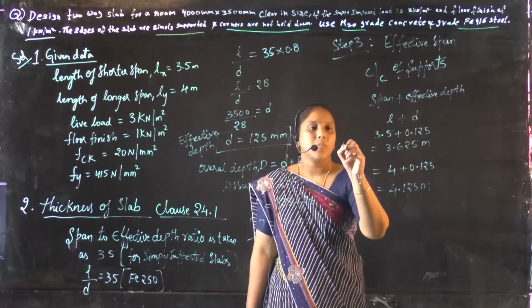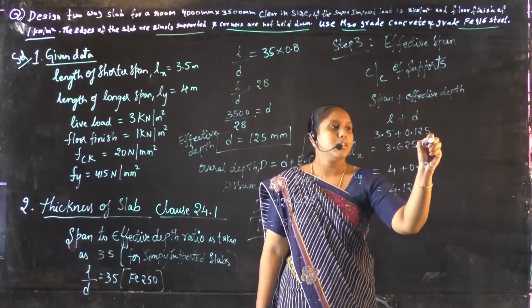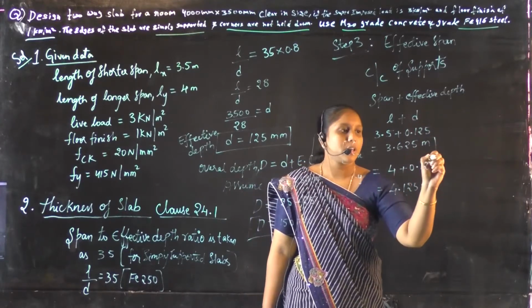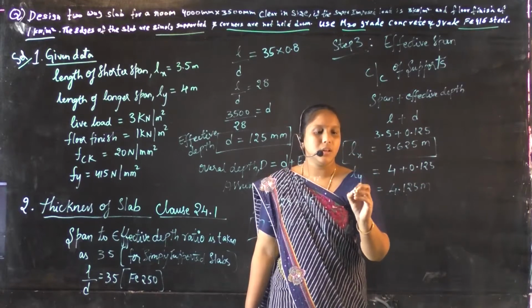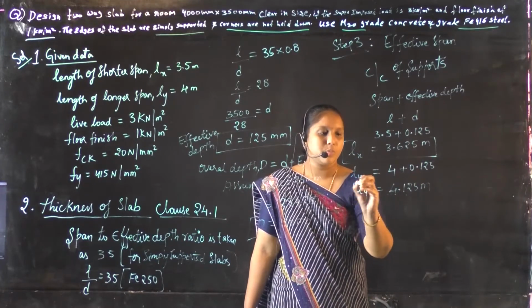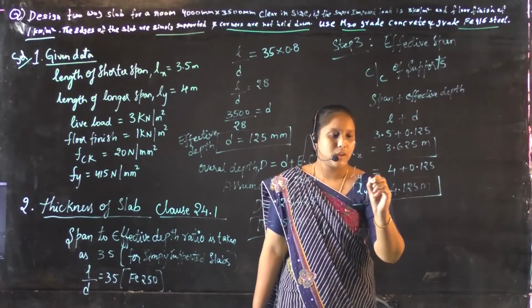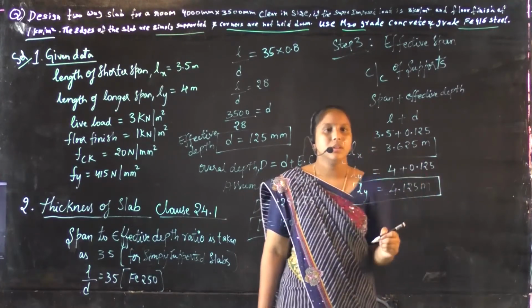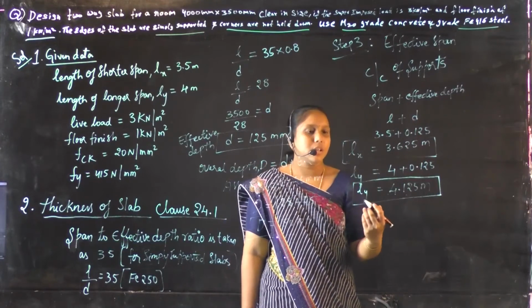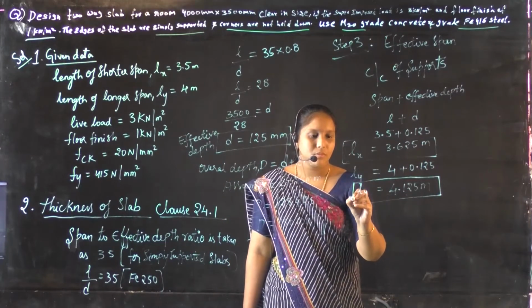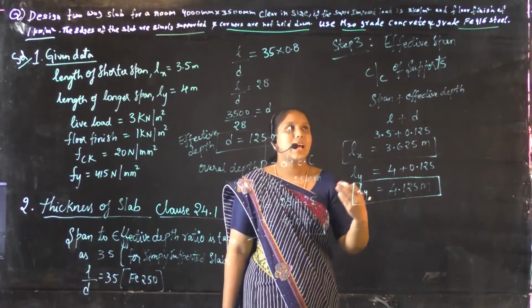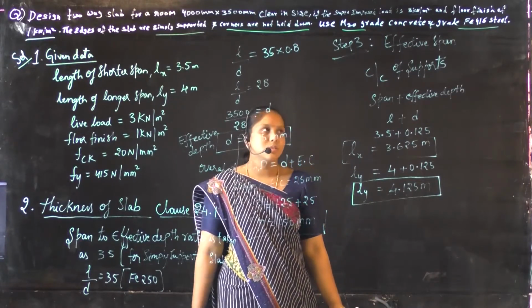So this is our effective span along the shorter direction, and this is the effective span along the longer direction. So this is how we can calculate the effective span.